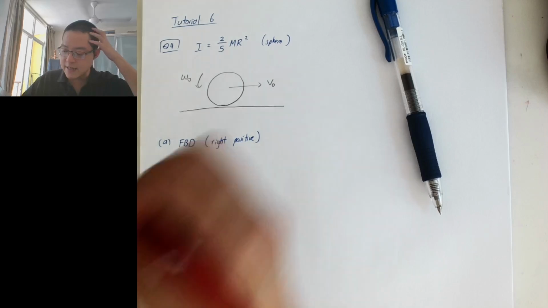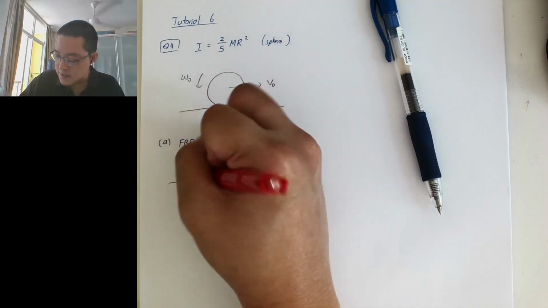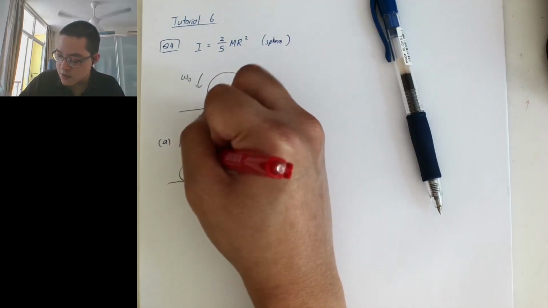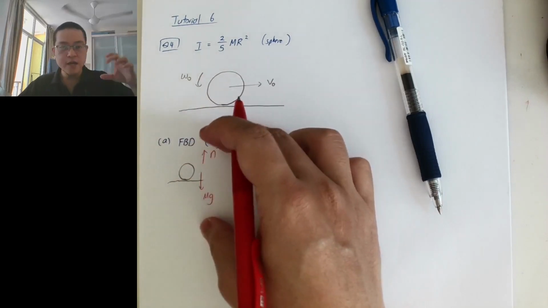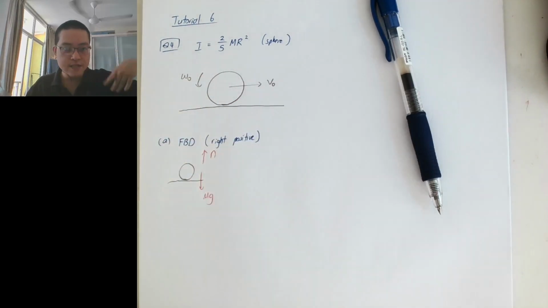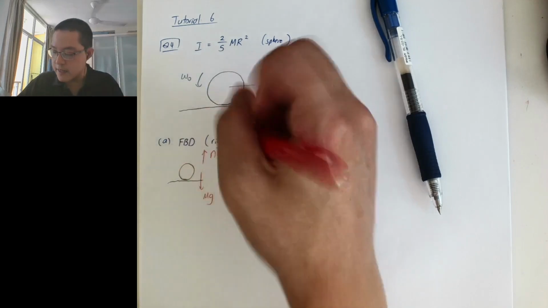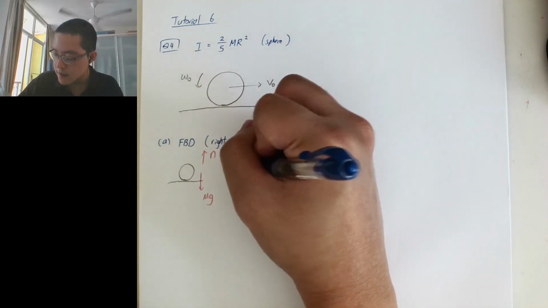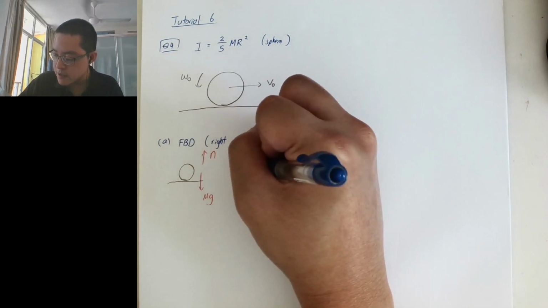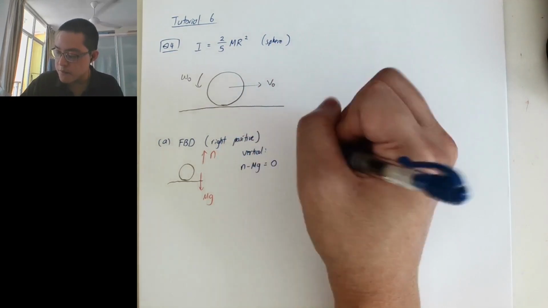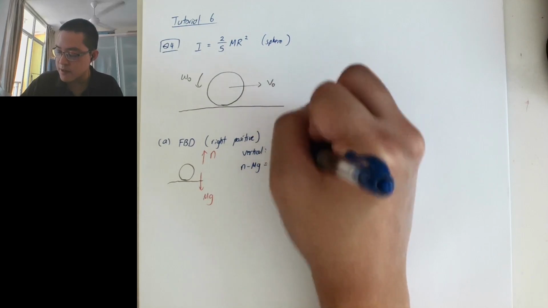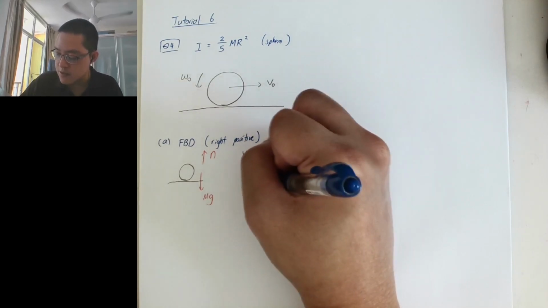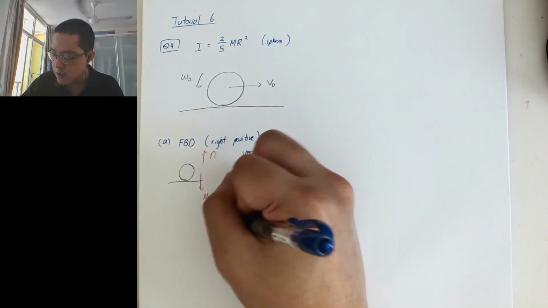Well, there is the weight and there is a normal force, but there's no acceleration in the vertical direction, so N minus mg equals 0, and N equals mg. How about the horizontal?